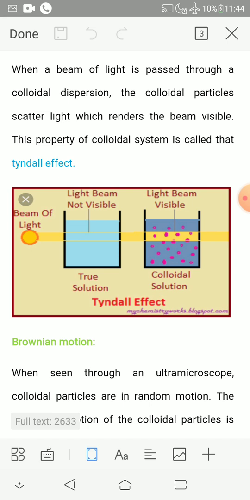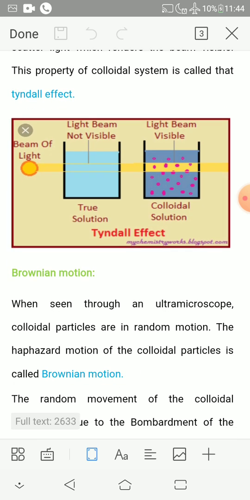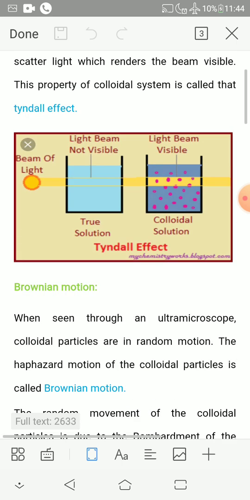You can see in this figure the scattering of light through a colloidal solution, but a true solution cannot scatter light. So the Tyndall effect is a characteristic property of colloidal solutions.